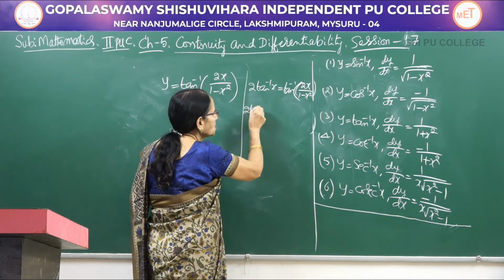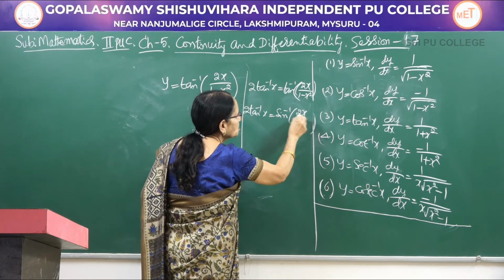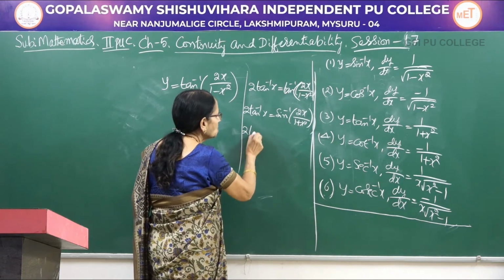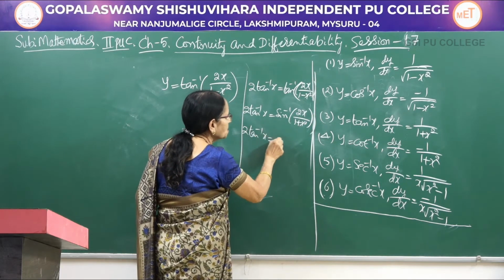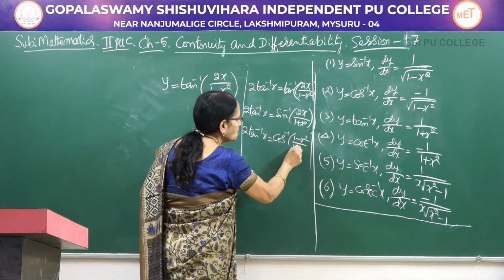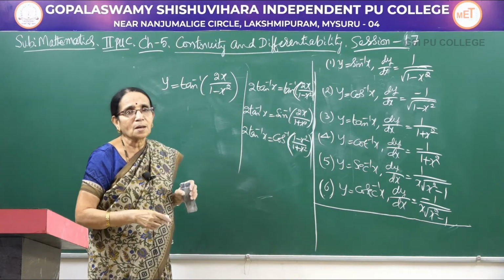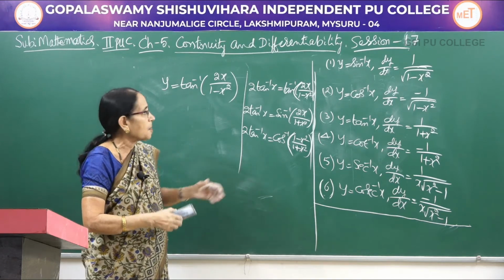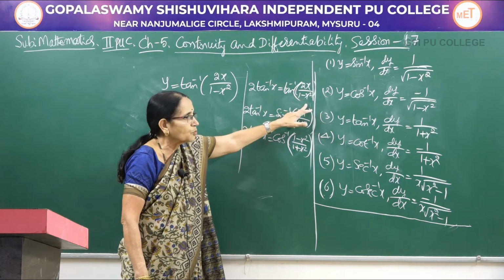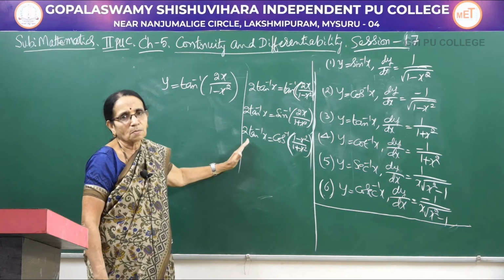Now, 2 tan inverse x can be written as sin inverse of 2x over 1 plus x square, and 2 tan inverse x can also be written as cos inverse of (1 minus x square) over (1 plus x square). These 3 results we have proved there. It could be expected for a 2-mark question, but all of them are standard results. See, tan inverse of 2x over 1 minus x square, or this, or this, all of them are equal to this one.